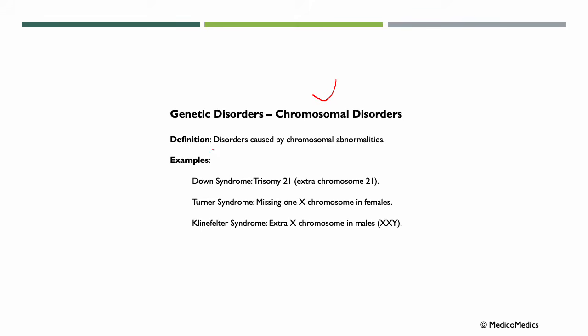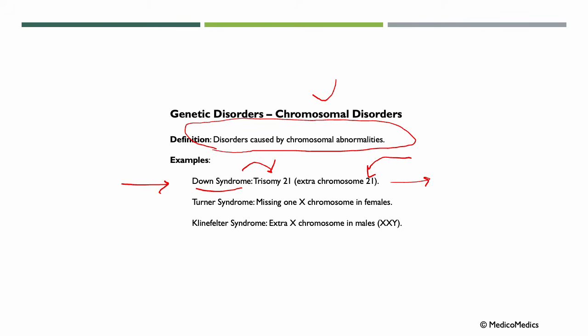Chromosomal disorders. These are disorders caused by chromosomal abnormalities, including, for example, Down syndrome, also known as trisomy 21. Essentially, there is an extra copy of chromosome 21. And this leads to intellectual disability, very distinct facial features, and an increased risk of heart defects.